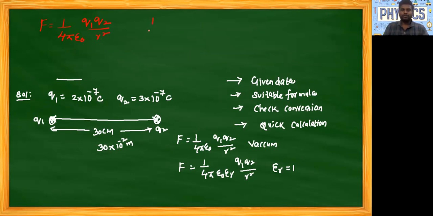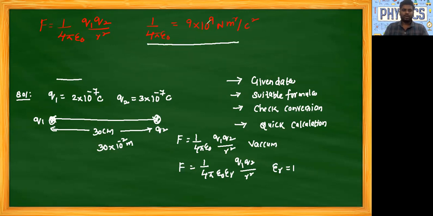And we know 1 by 4 pi epsilon naught is equal to 9 into 10 to the power of 9. The units are Newton meter square per coulomb square.